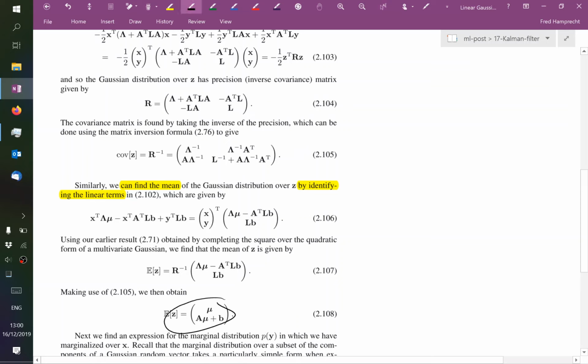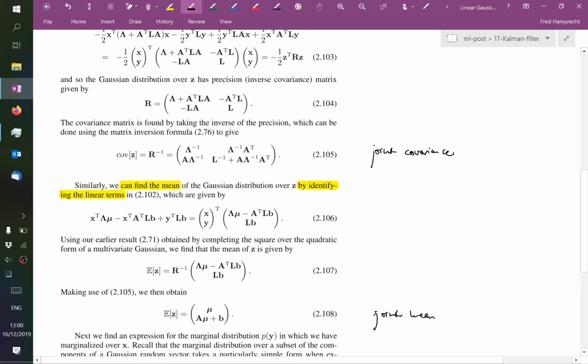Yeah? So what we have here is the posterior covariance. What we have here is the posterior mean. I'm not calling it posterior because it's really the joint distribution. Let me write joint covariance and joint mean.